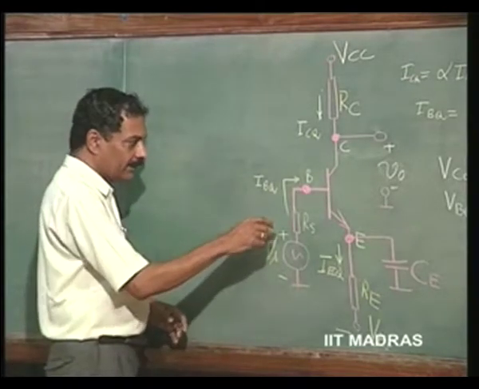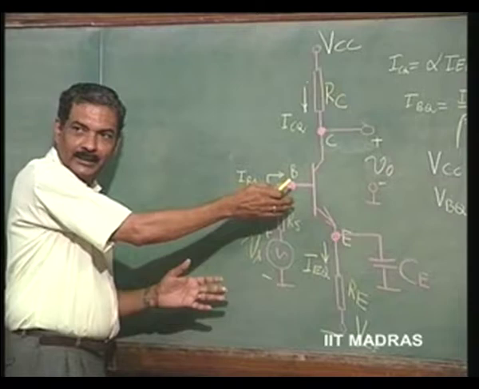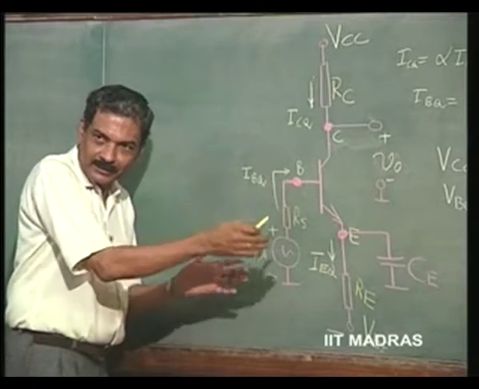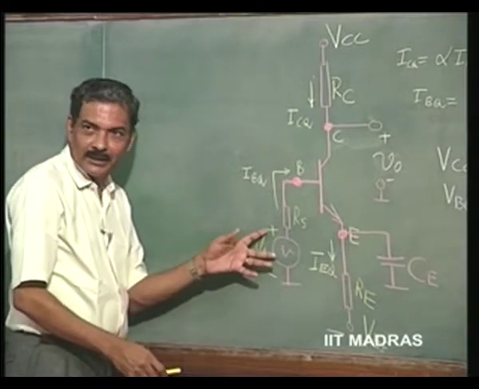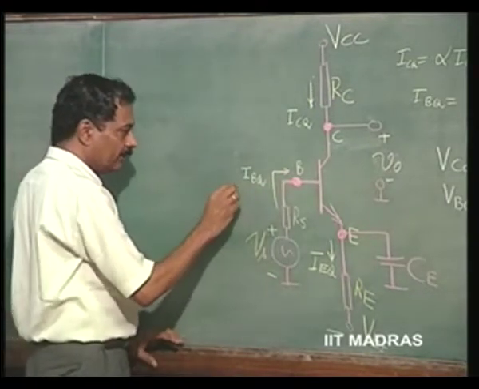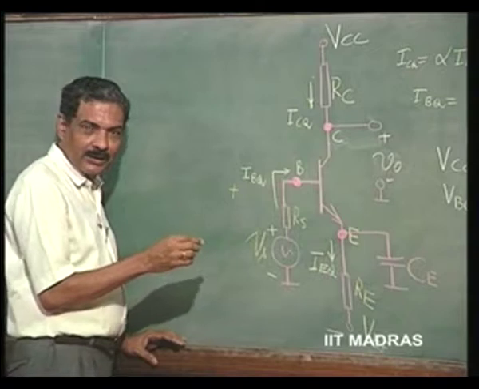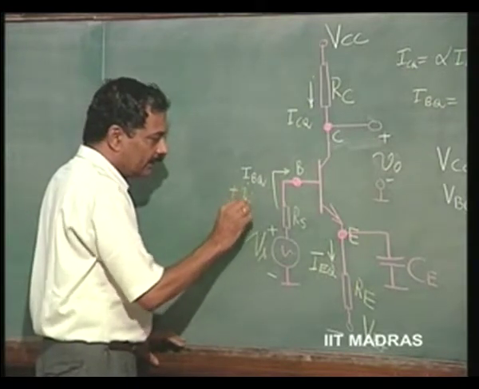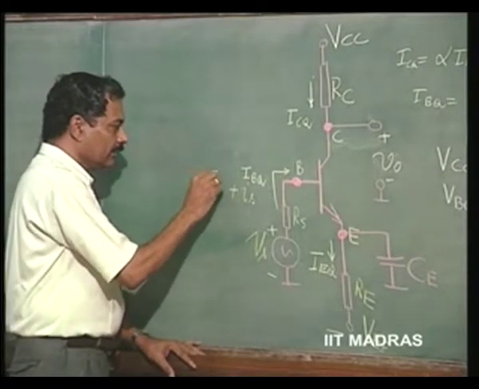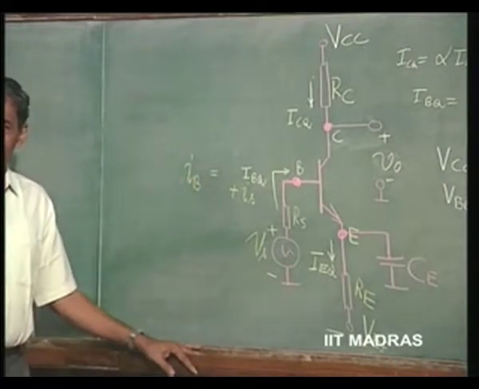For this variation, this is going to increment the base emitter voltage. So the base current is going to increase, because the emitter current increases and the base current also increases. With this polarity, the base current is increasing in this direction. That means IBQ plus delta IS, that is what we have been using, or we can indicate it as only signal IS. So this is equal to IB, the instantaneous value of IB.